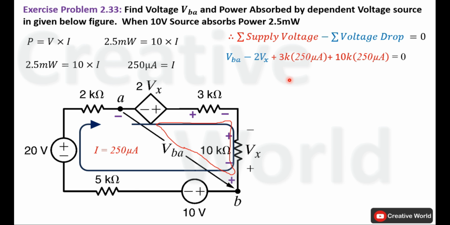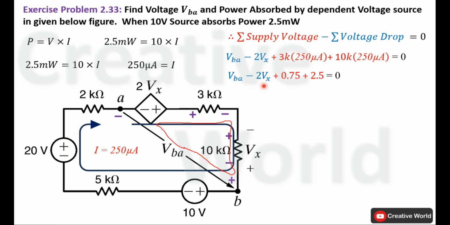Now solve this equation, open these brackets and multiply values together. The product of 3K and 250 microampere will become 0.75 volt, and the product of 10K and 250 microampere will be 2.5 volt. Inside this equation, two variables still exist, so we cannot calculate the value of voltage VBA.